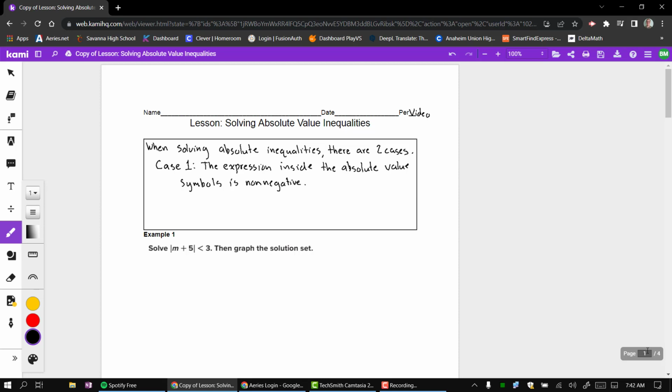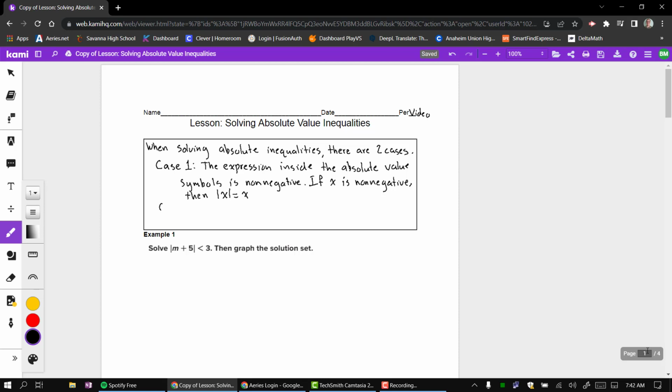So that means it's positive. If x is non-negative, then the absolute value of x equals x.